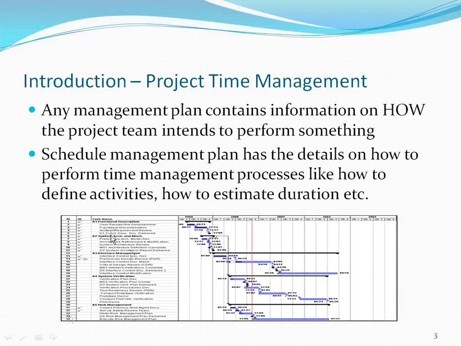You can see the task names and how much time each activity will take. On the extreme right side, it has been estimated as 3 days, 5 days, 6 days. So once you sum up the schedules of all these activities, you will develop the schedule.